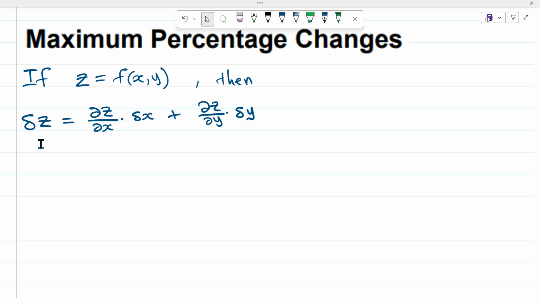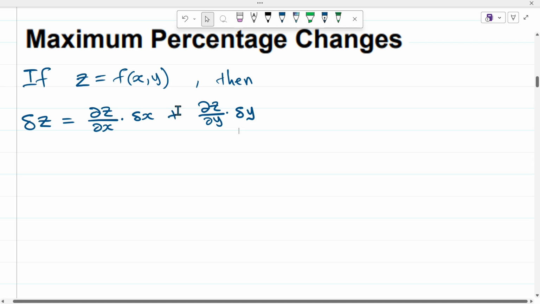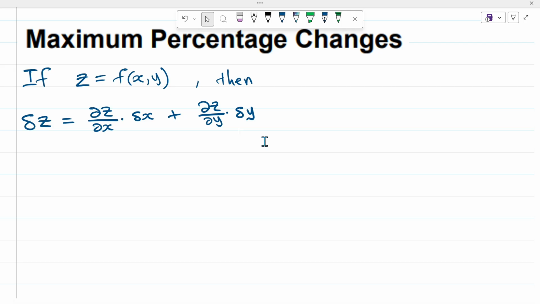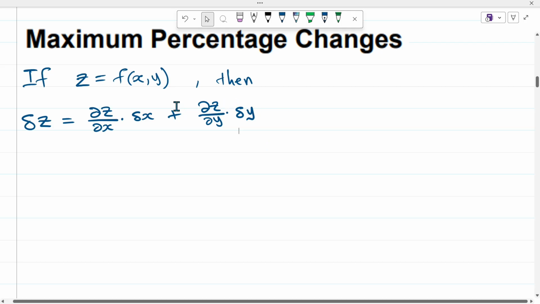So memorize what I'm going to say. It is that you will be given the change in plus minus. So you'll be told that x changes by a percentage of plus minus 3, and then y changes by plus minus 4, for example.